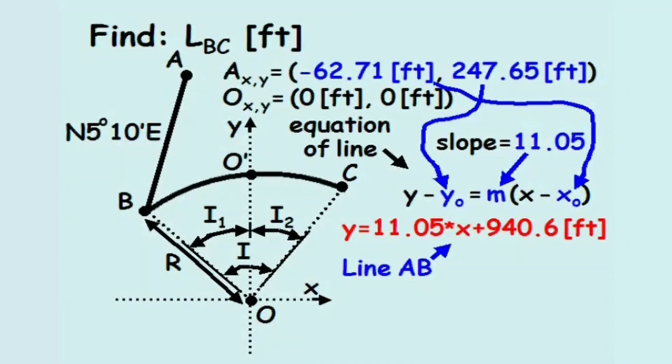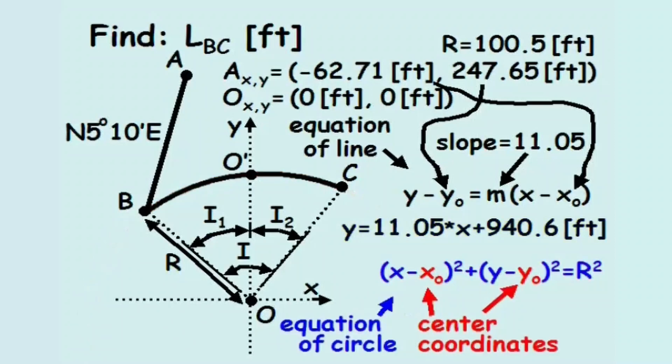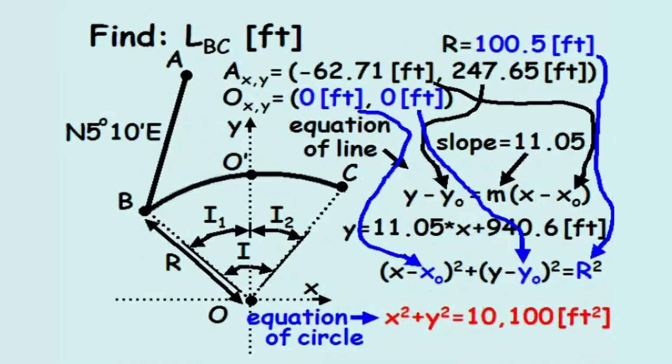Next we'll solve for the equation of the circle, which contains circular arc BC. To do so, we'll plug in the x and y coordinates of the center of the circle for x naught and y naught, as well as the radius, r. After plugging in the appropriate values, the equation of the circle simplifies to x squared plus y squared equals 10,100 feet squared.